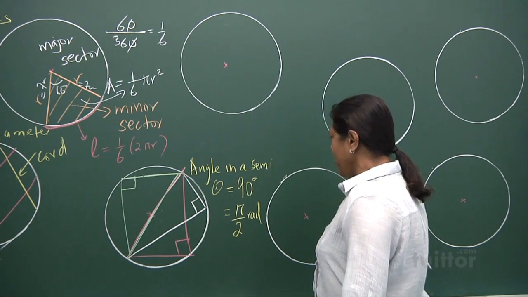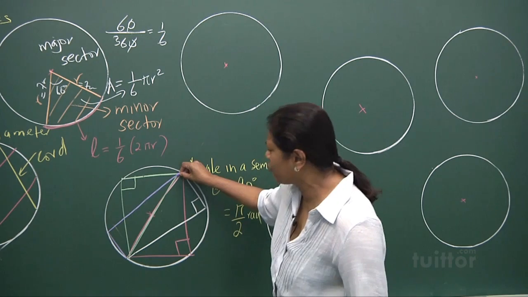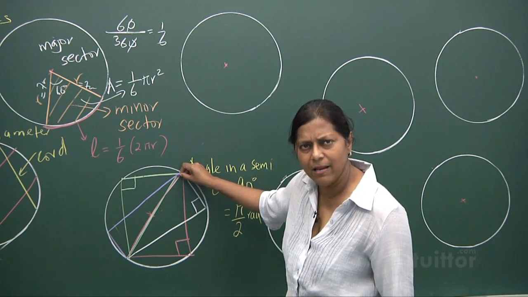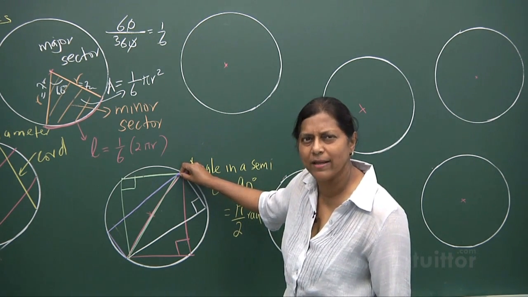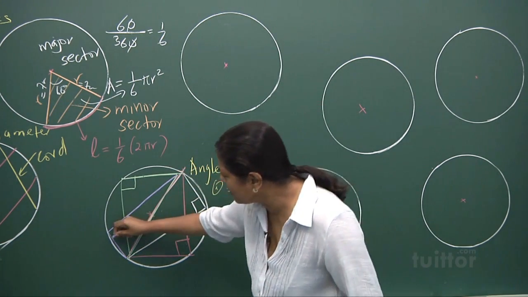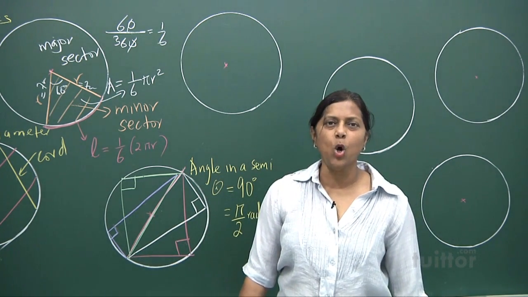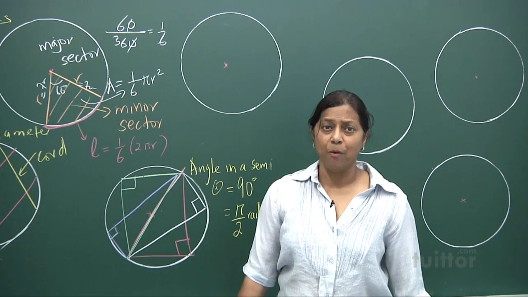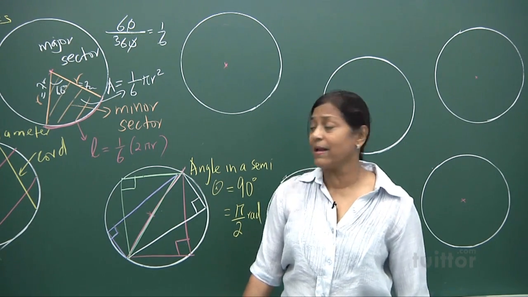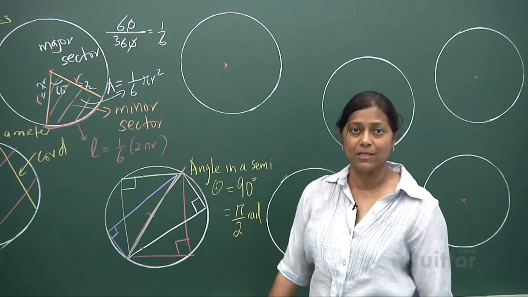Now, if I have another one here, I want a small chord, and I draw a big line there. You draw it and you find out. You'll be shocked when you use your protractor and see the angle is 90 degrees. The diameter will always be the hypotenuse, the longest side of the triangle, because whatever faces the 90 degrees will be the hypotenuse.